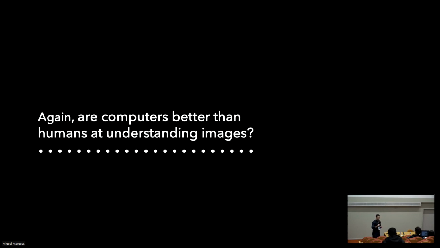Where computers are not better than humans is at generalizing knowledge. So you can train a computer vision model to be very good at a specific task, but it will be harder for the computer to generalize to other tasks, let's say, if you now incorporate a new object, trying to learn that it's a new object and learn new characteristics that will distinguish that object from the others and so on.